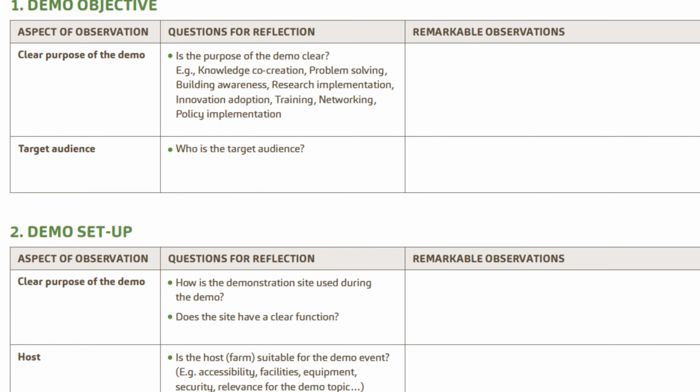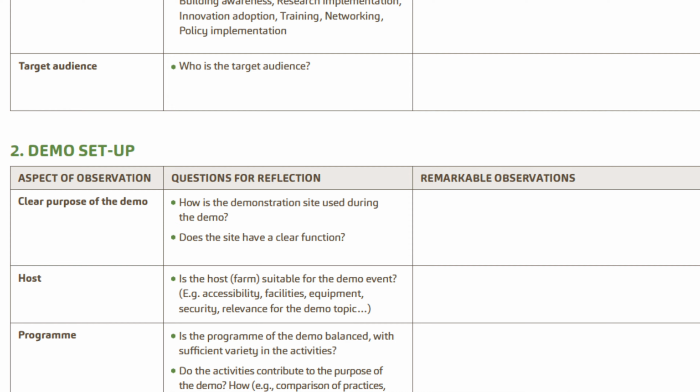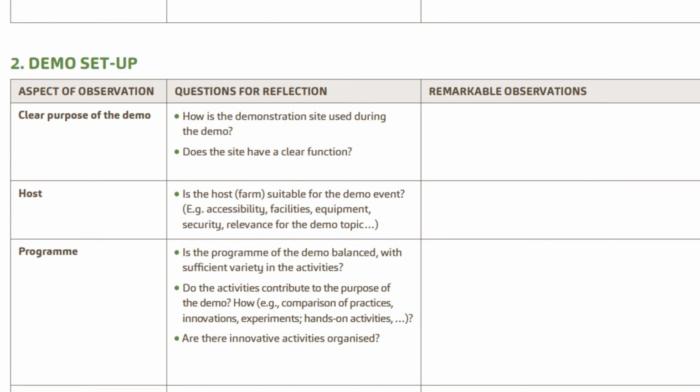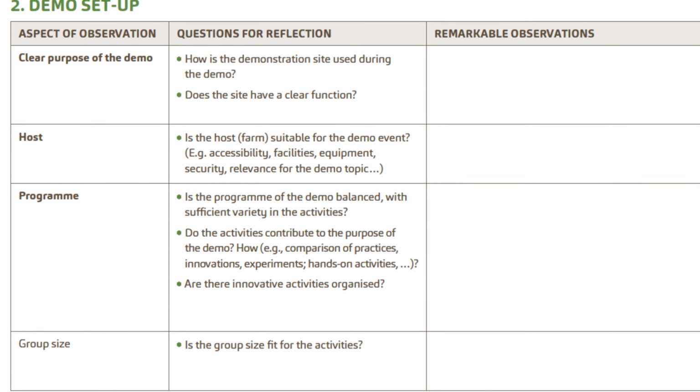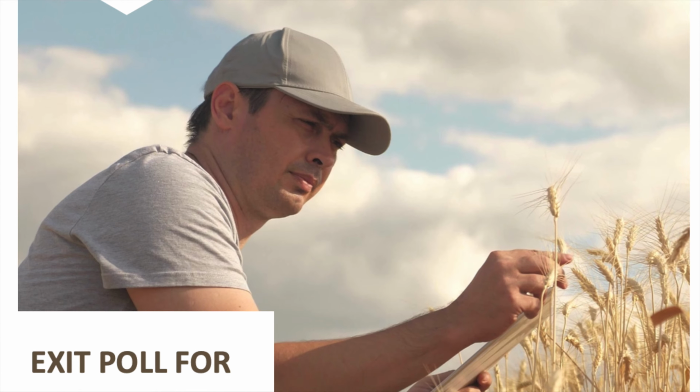For example, there is a clear monitoring checklist with questions for the entire organization process from the start to the end. And there are also some observation tools that you can use during the event. And there are also some exit polls and participant surveys to send to your participants afterwards.